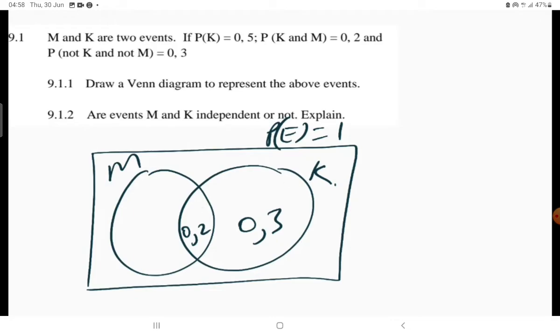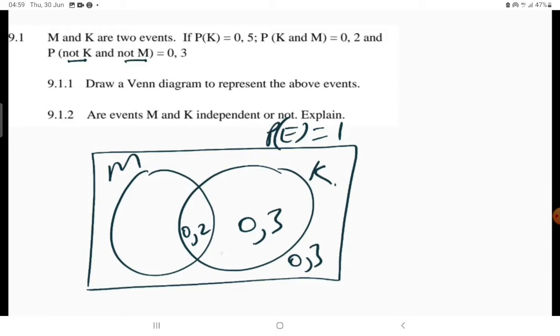Then we have probability of not K and not M, which is equal to 0.3. That means 0.3 must be found outside these two events, because probability of not K and not M is 0.3. So this is what we have.